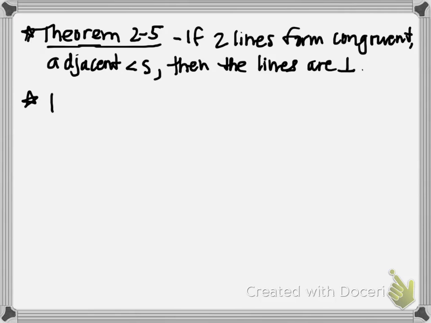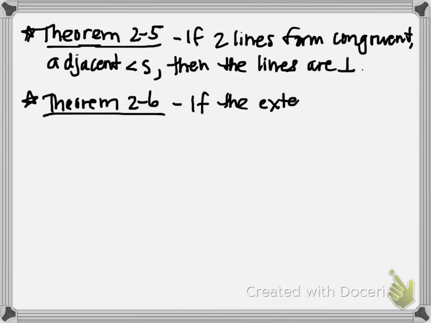So we've got theorem 2-6, the 6th theorem in our chapter 2. If the exterior sides, and this one I'll put a diagram for, of two adjacent acute angles, so very specific types of angles.